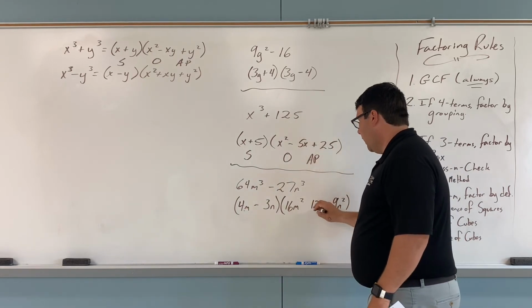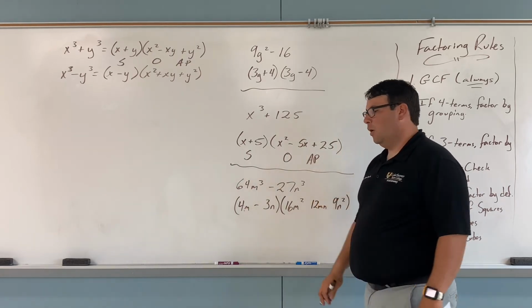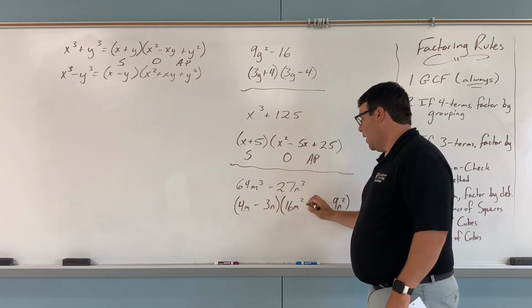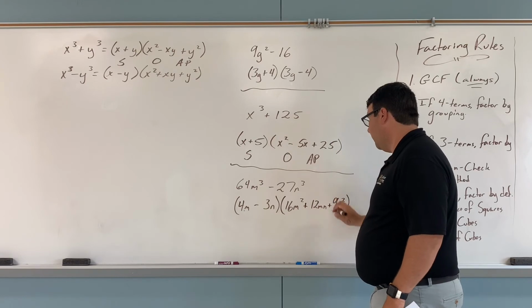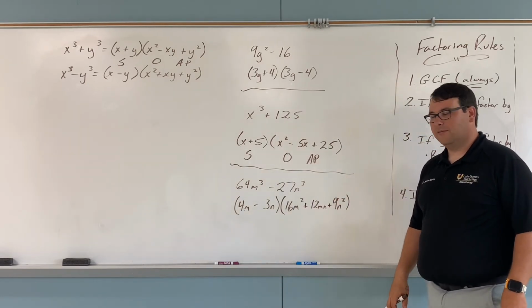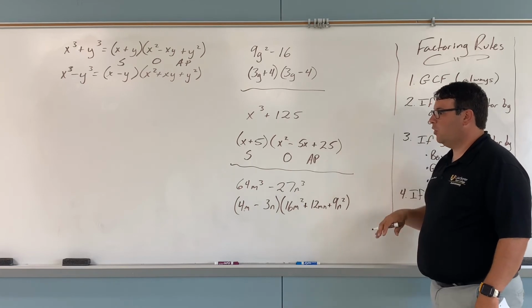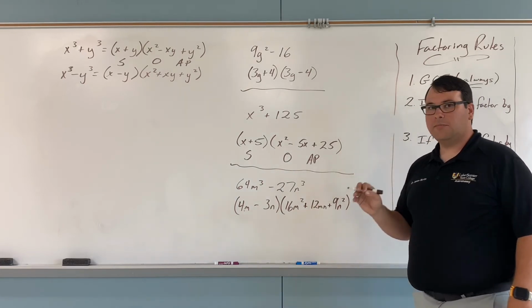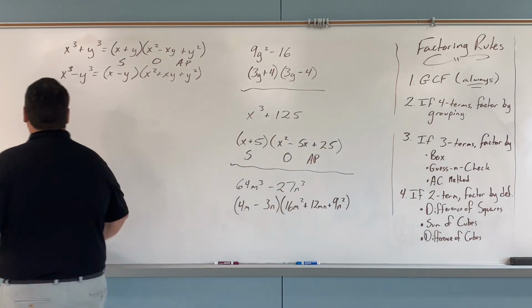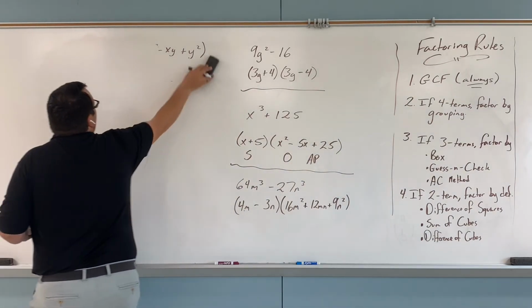So that will be 12mn. What are my signs? The same, opposite, always positive. That's it. So sum and difference of cubes are extremely easy, but you have to be able to identify the cubic values. So let's do another one.